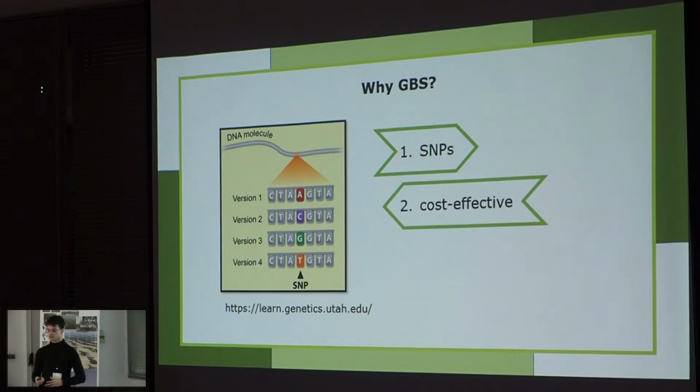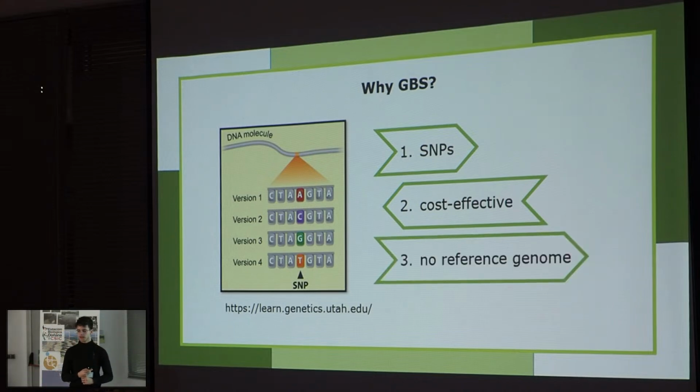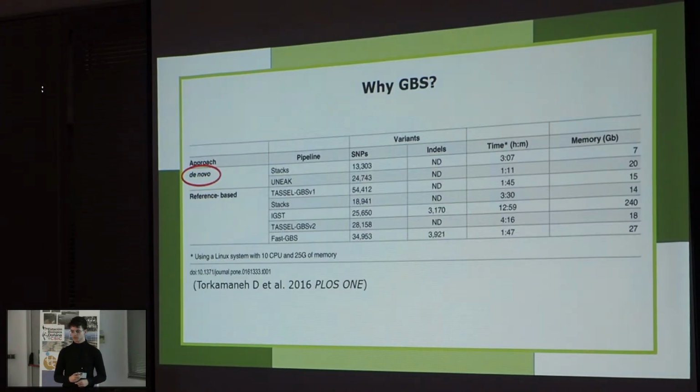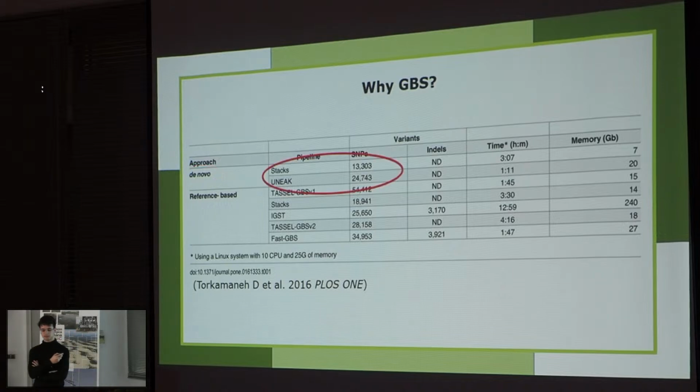Secondly, because it's cost effective for our objectives compared to other techniques that allow us to obtain the same SNPs. And thirdly, because we don't need a reference genome to obtain them. In this table, we see that using this technique we will be able, without a reference genome, to obtain tens of thousands of SNPs, depending on the pipeline and the bioinformatics we use.